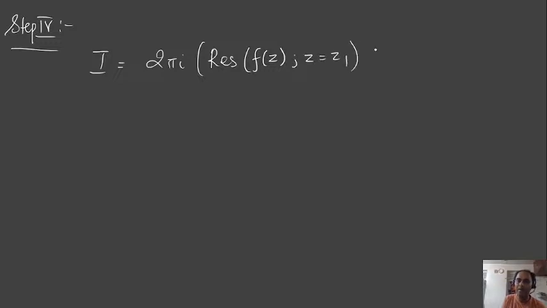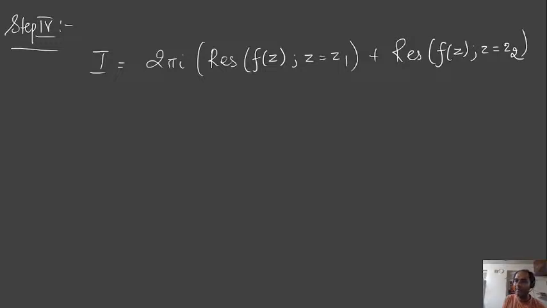So I is equal to 2 pi i times the total of the residues. So the residue of f of z at z equals z1 plus the residue of f of z at z equals z2.